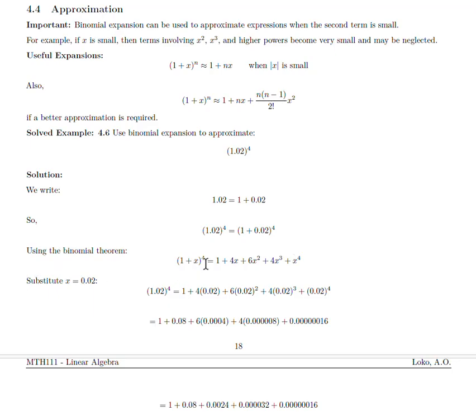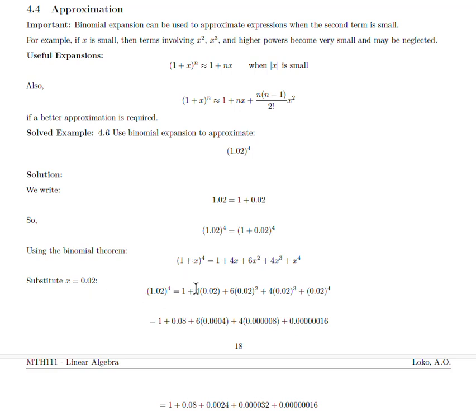Now, in this case, our x is 0.02, and so finally, the whole expansion now becomes, we represent all x with 0.02.